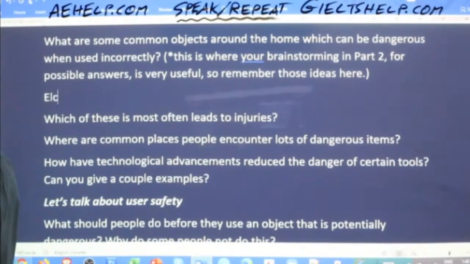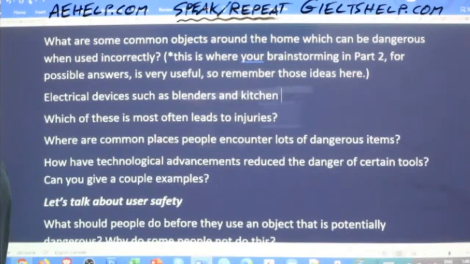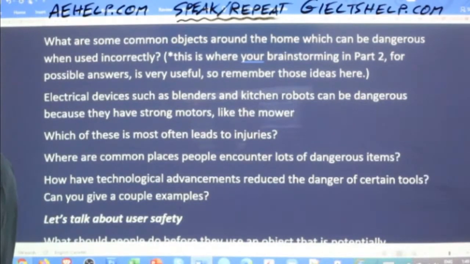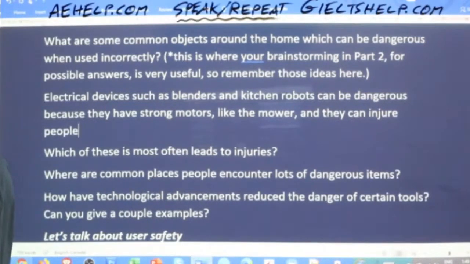So electrical devices such as blenders and kitchen robots can be dangerous because they have strong motors like the mower, and they can injure people's hands or body parts if used inappropriately.